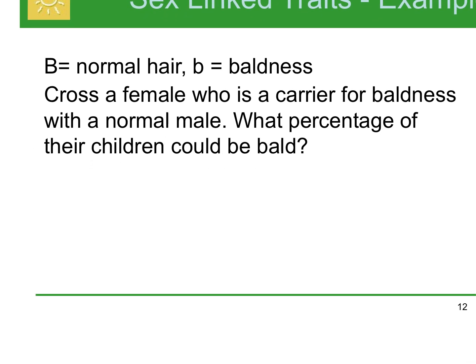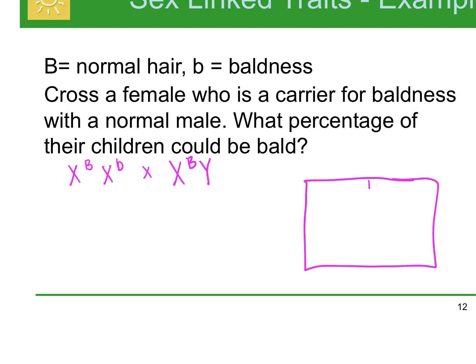All right, let's do another example. This time we're going to cross a female who's a carrier for baldness with a normal male. What percentage of their children could be bald? So if a female is a carrier, she'll have the X big B, X little b, and the male is normal, so X big B, Y. All right, so then we'll use the Punnett square to predict the offspring.